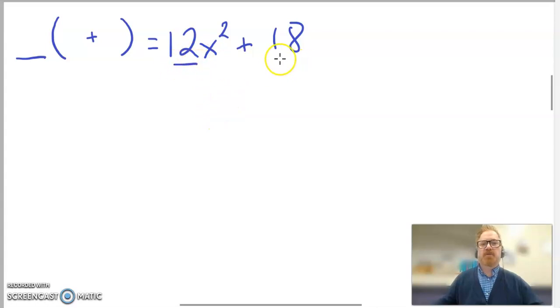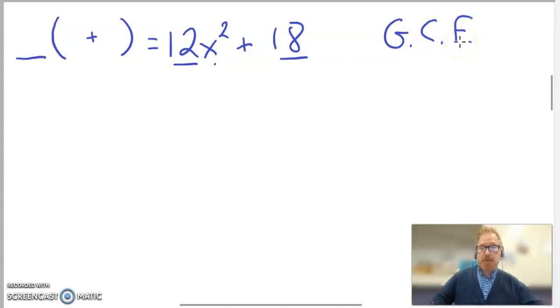Especially when it comes to the numbers. When we're dealing with the variables, it's definitely a little bit easier, but we'll get there. Okay, so we have to go back to our good old friend, the greatest common factor, the GCF. All right, and that's really the starting point.